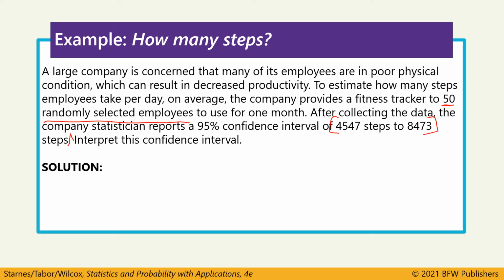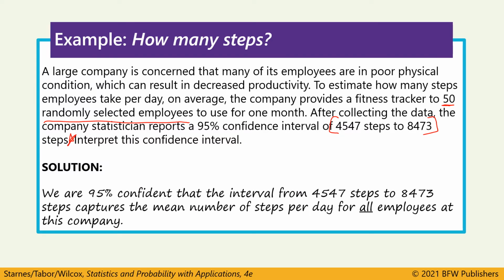We're being asked to interpret this interval, and we're going to do it using that form that we saw on the previous slide. We are 95% confident that the interval from 4,547 to 8,473 steps captures, and then we're writing that parameter in context: the mean number of steps per day for all employees at this company.